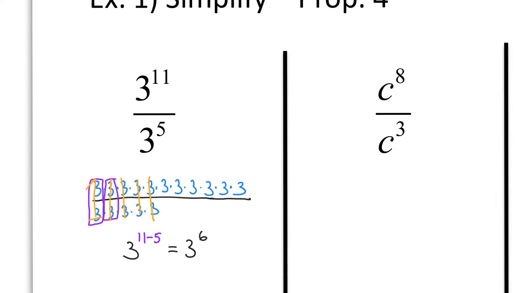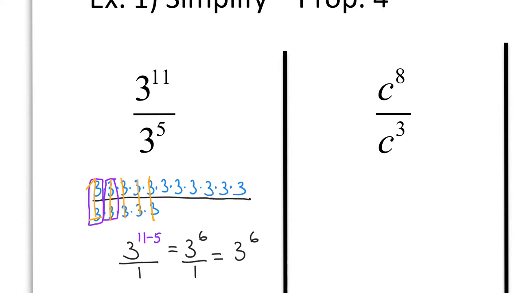Now, you might be asking, what happened to the bottom of the fraction? Since the bottom of the fraction simplified to 1, and we don't have anything else, all of this actually turns into 1. So you can put a 1 under the fraction, but you don't need that 1. So you can say this equals 3 to the 6th power.